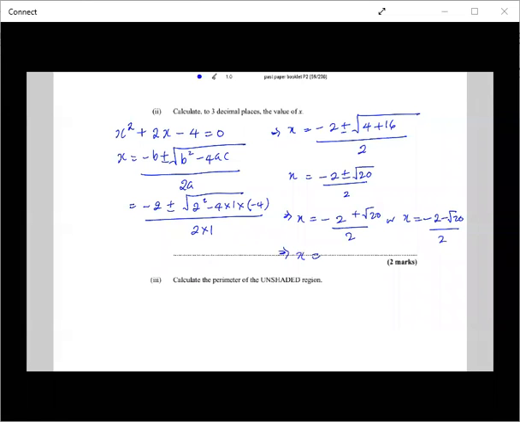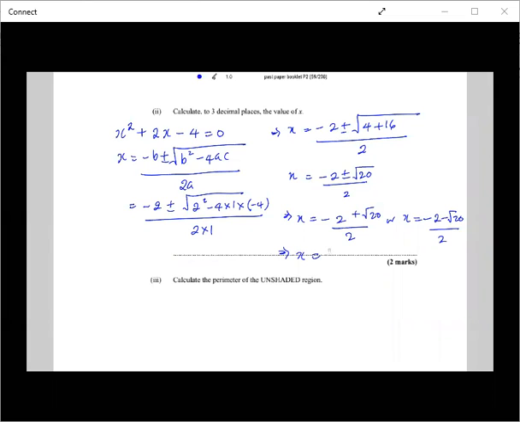It is open bracket, minus 2 plus the square root of 20, close bracket, divide by 2, and we're told to write the answer to 3 decimal places.